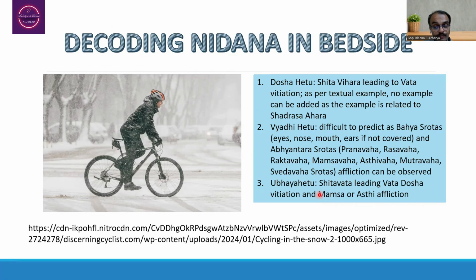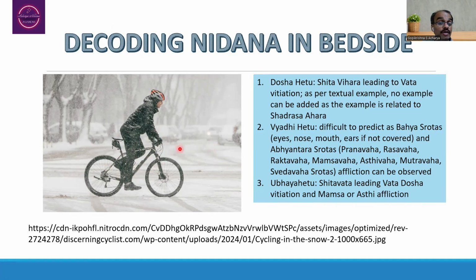When you think about the abhyantara srotas, pranavaha srotas affliction may be observed, rasavaha srotas too, over the face, raktavaha srotas may be observed, mamsavaha srotas, particularly in the lower limb, we are going to predict their affliction, and asthivaha srotas, maybe towards the knee joint, etc.